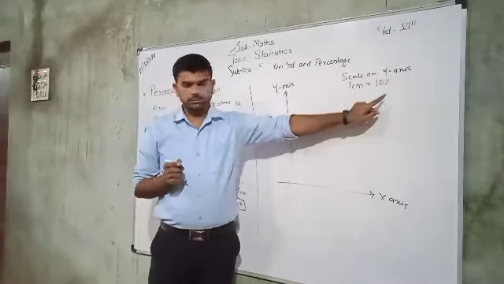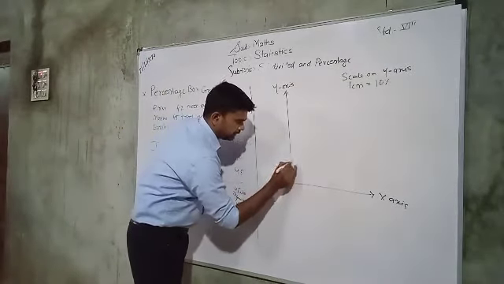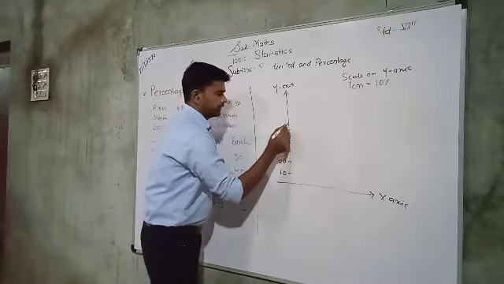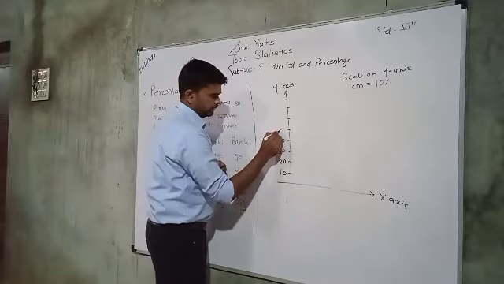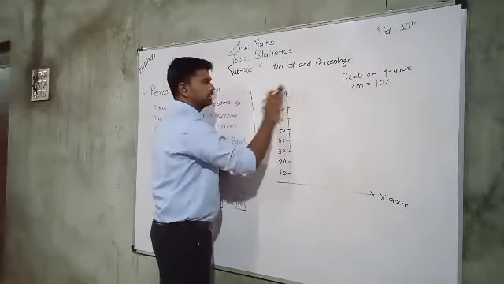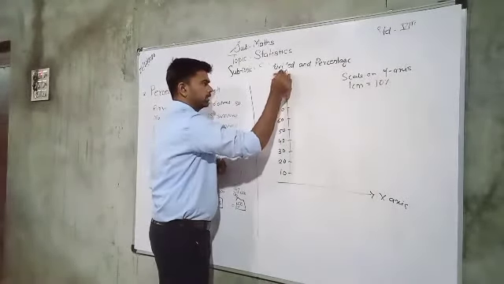So 10, 20, 30, 40, 50, 60, 70, 80, 90 and 100.